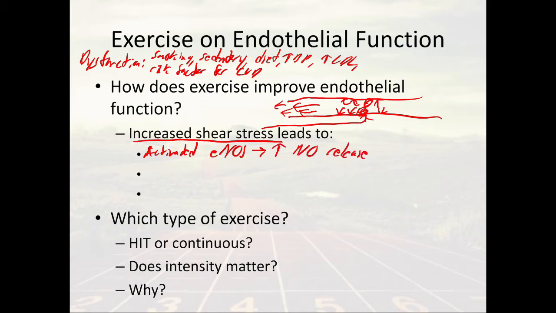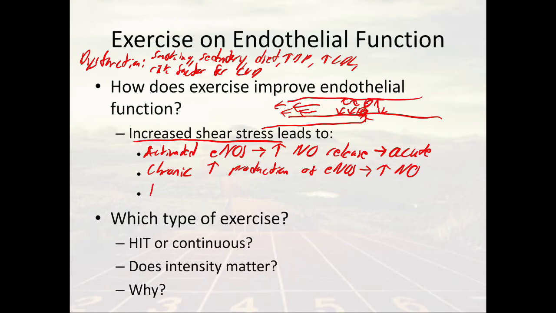Okay, that's kind of the acute effect, right? Acute effect. But then the chronic effects would be increased production of eNOS, which also means increased nitric oxide availability.